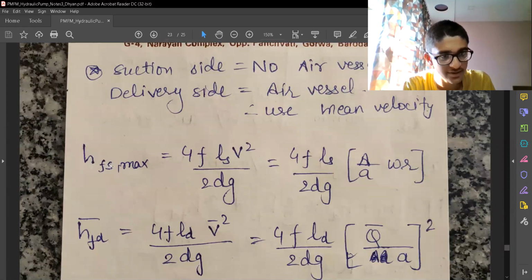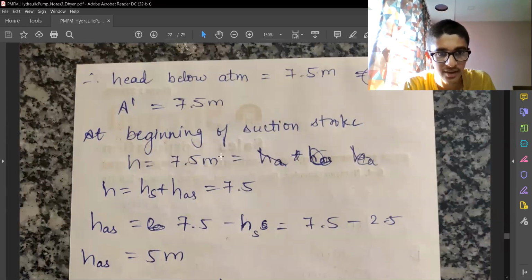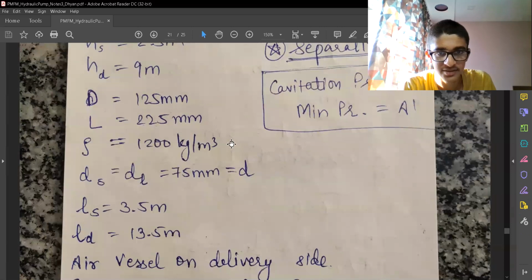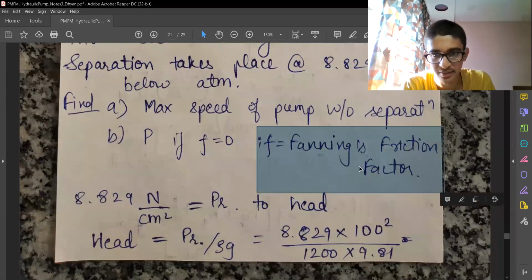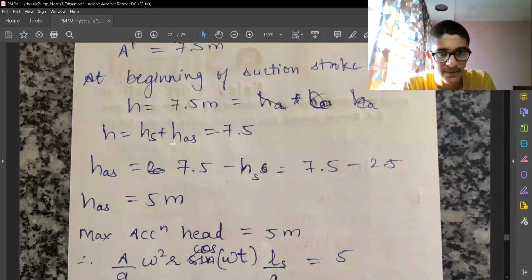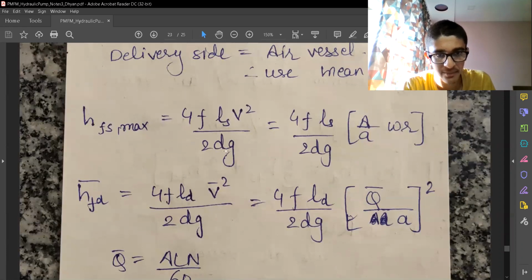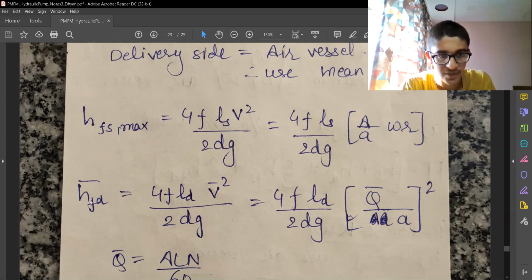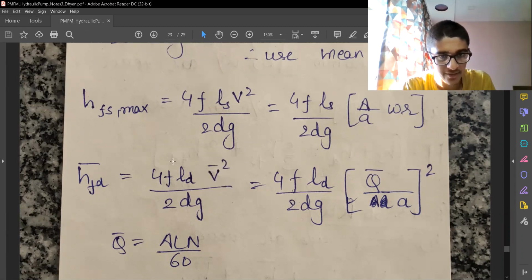So the friction head is 4 f L v² by 2 d g. The f given over here is Fanning's friction coefficient. For the suction side, the velocity is going to be a very large velocity. For the delivery side, it is going to be the mean velocity in the delivery length.